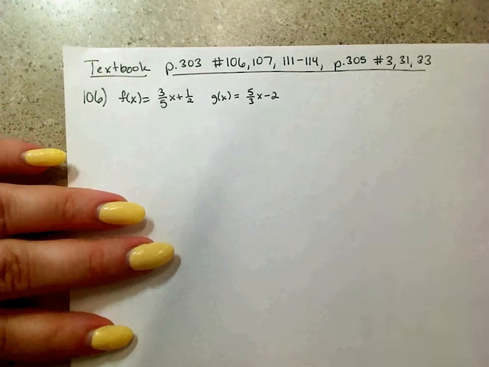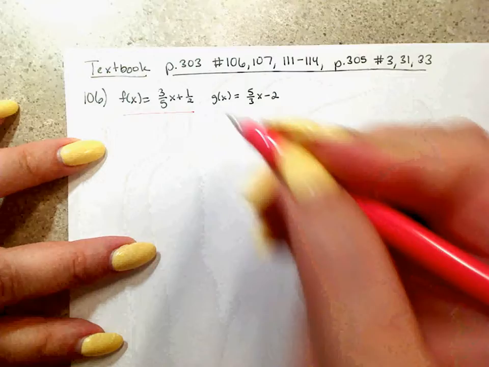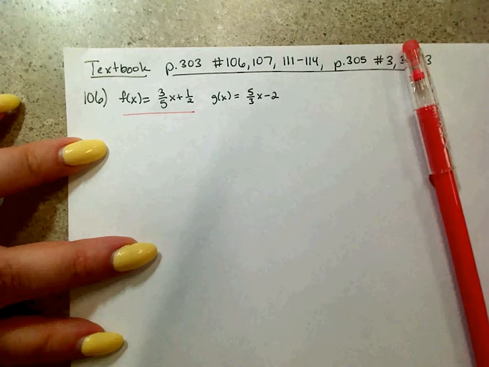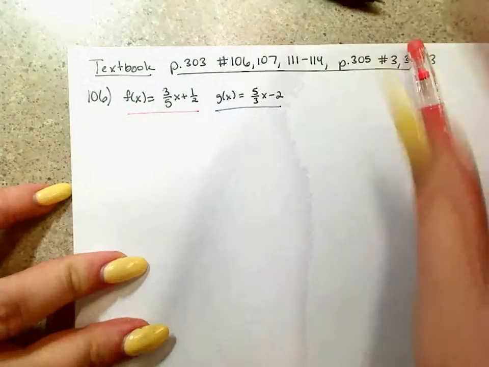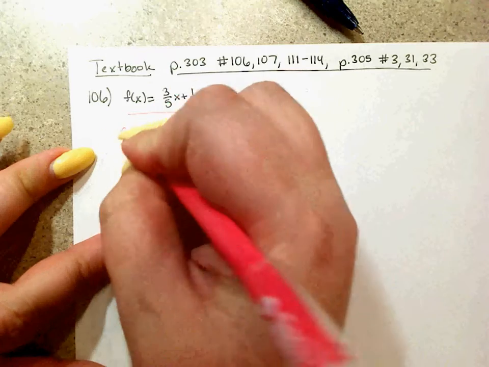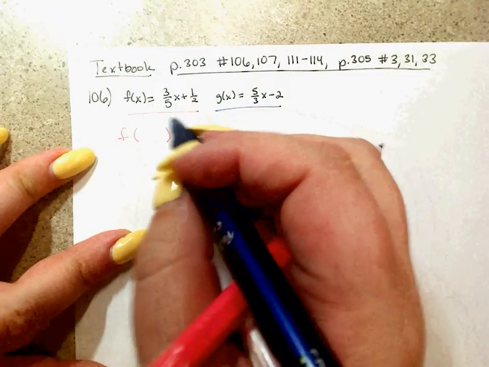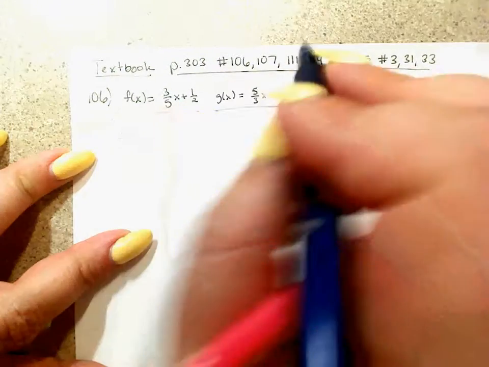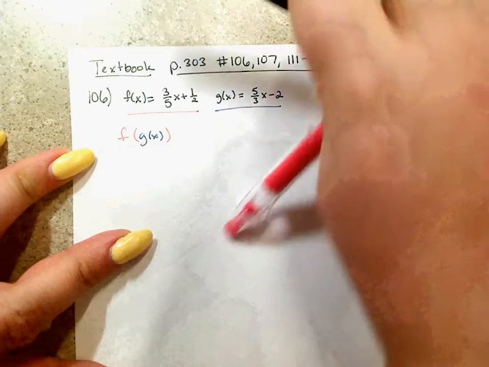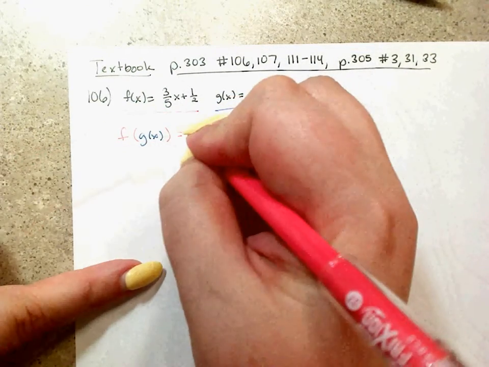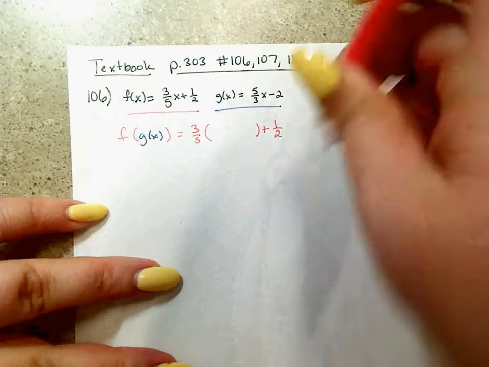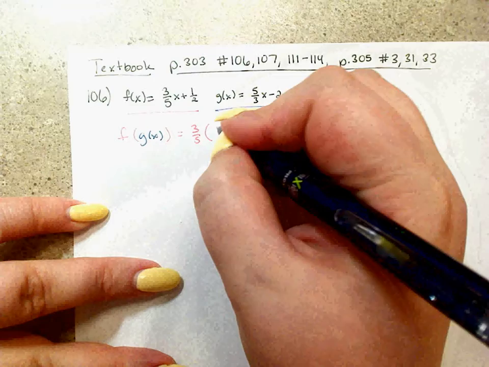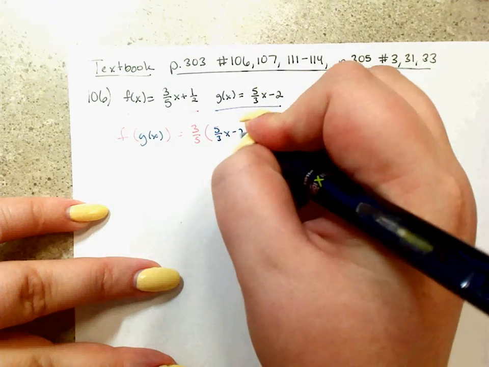So we're going to do f of g of x, and then we're going to do vice versa. So f of g of x. I'm going to start writing down the function f of x, 3/5 times x plus 1/2, but in place of x we're putting in g of x, which is 5/3 x minus 2.